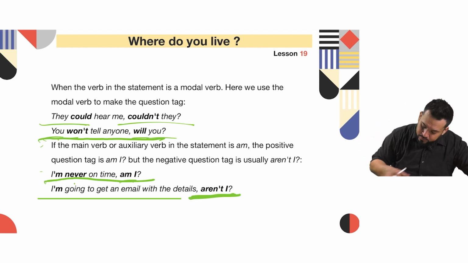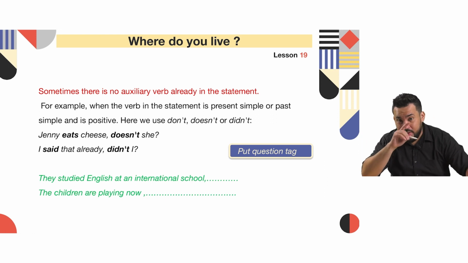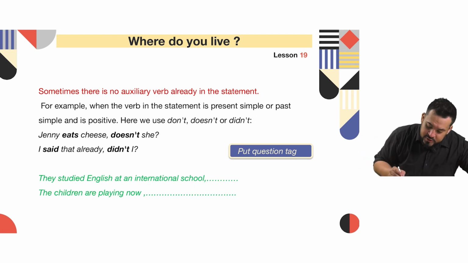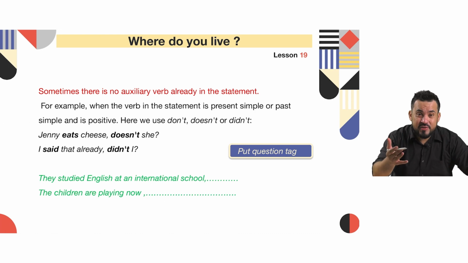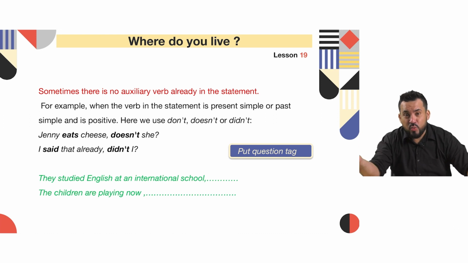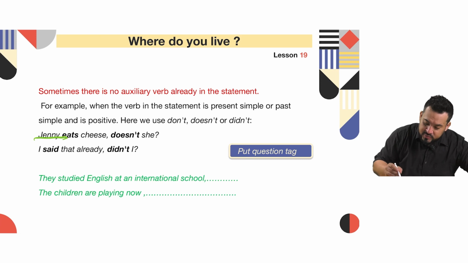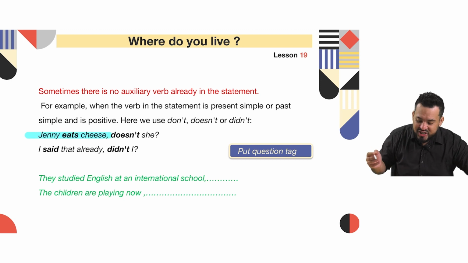Okay? All right. Sometimes there is no auxiliary verb in the statement, but we use one in the tag. I already covered this point because we said if it's a positive statement, we don't use an auxiliary verb like did. But when we make the question at the end, we will use an auxiliary verb because it's a question. Just like, James eats cheese.